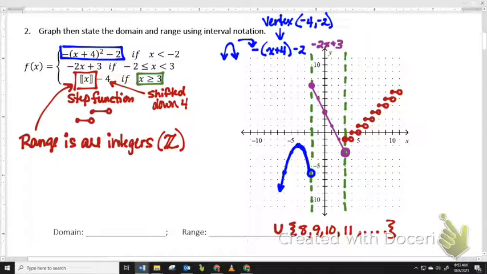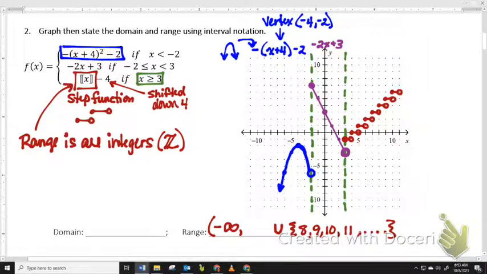Let's finish out that range now that we got the whole thing on there. What is the smallest range value we could get? Negative infinity, because I got one end pointing down, right? So I've got negative infinity. The parabola goes all the way up to where? Negative 2.